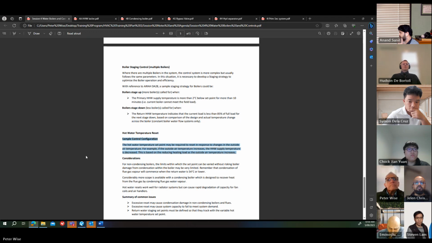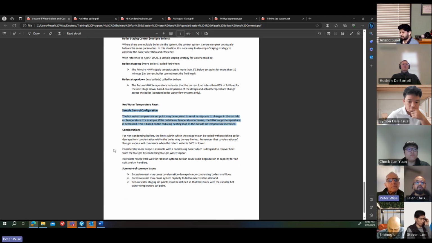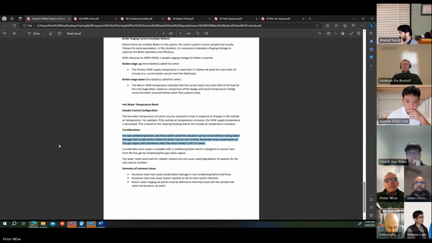So some considerations with doing that are, for non-condensing boilers, the limits within which the set point can be varied without risking boiler damage from condensation within the boiler may be limited. Well, as was said earlier, at 54 degrees or lower, you get condensation in the boiler of the boiler flue vapor, which is acidic.